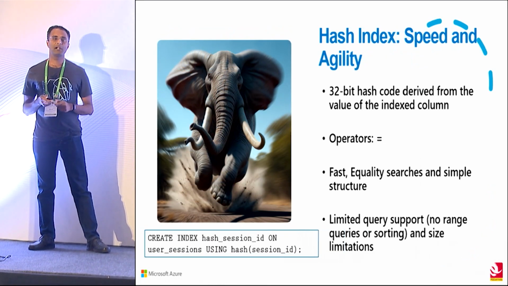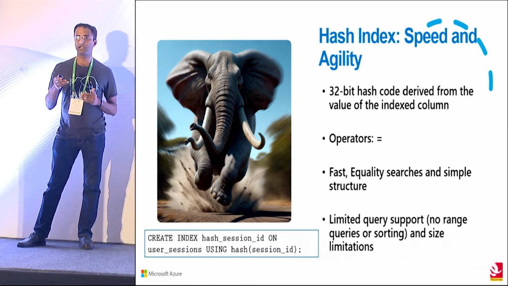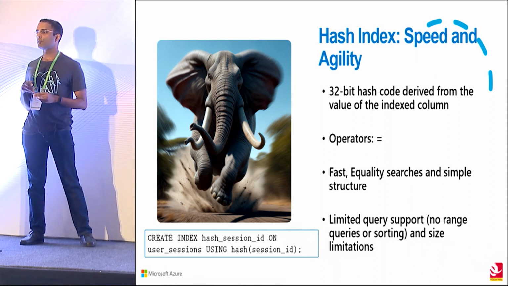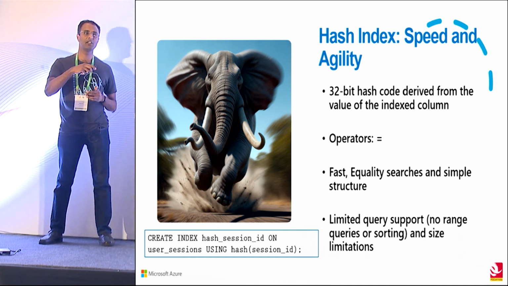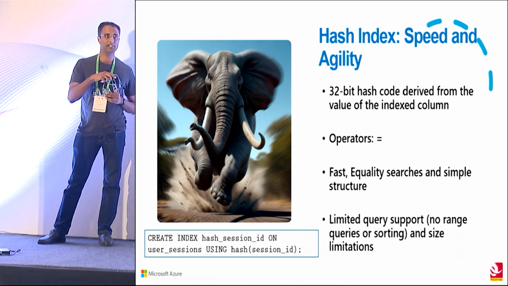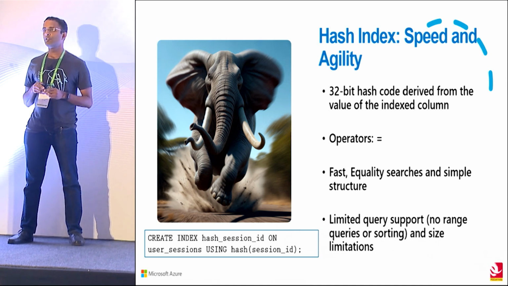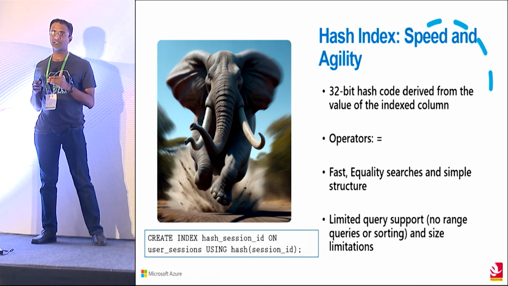Coming to the other part, in case you don't want to sort your data or you don't want to do a range scan, then hash indexing is the way to go. If you want an equality search and you know exactly what you're looking for, for example, you have a list of user session IDs who are logged into your website and you're looking for a particular session ID, all these session IDs are converted into a hash using a 32-bit hash, and you can just specify the hash you're looking for, and you get the exact record.